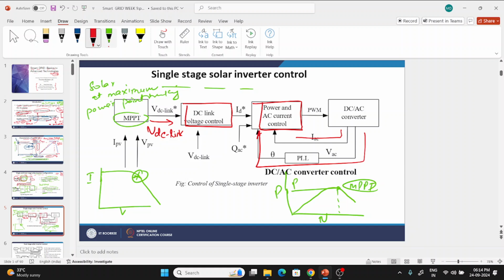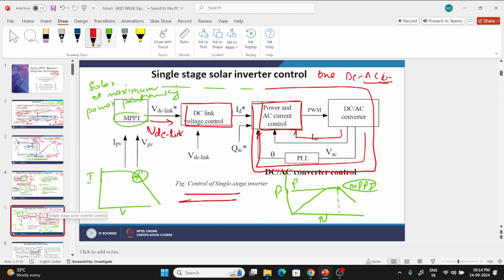IAC is also given here, and this is all the inverter control. So this is the control of a single stage inverter, in which only one DC to AC converter is used.